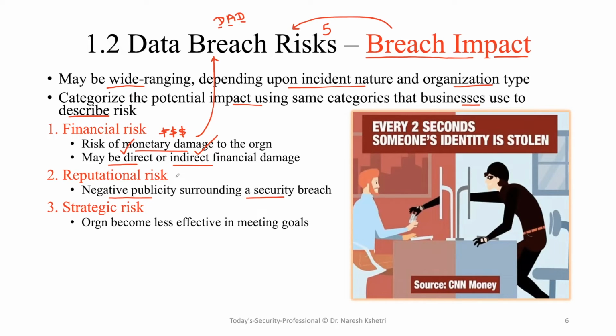The third one, as the name implies, is the strategic risk, where an organization will become less effective in meeting its goals or objectives. We can consider the same example, if an employee loses his laptop which may contain a new product plan. There are several strategic risks.